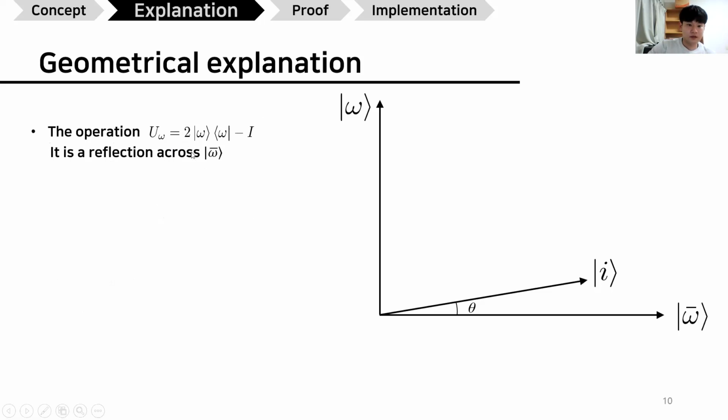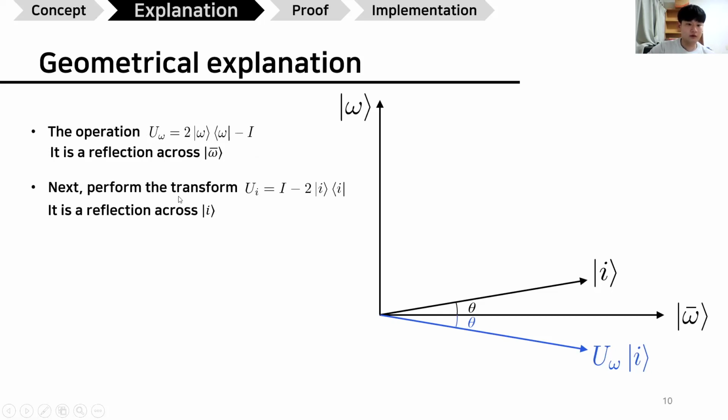So it is not a reflection across omega, it is a reflection across omega bar. And this U omega is the same as using the black box, because if the state is omega, there is a sign change, and if the state is orthogonal to omega, there is no sign change. This is just the black box.